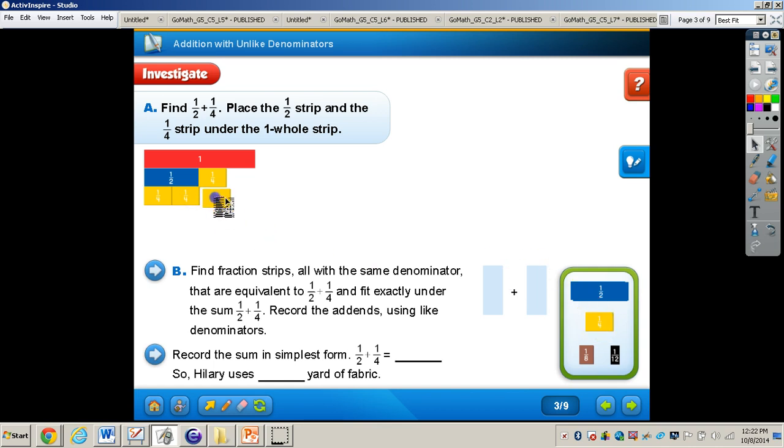Plus another 1/4, you can see that 3/4 line up exactly underneath that 1/2 plus 1/4. So we can see that 1/2 plus 1/4 equals 3/4. Hillary uses 3/4 yard of fabric.